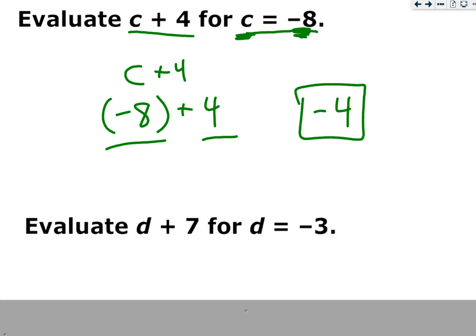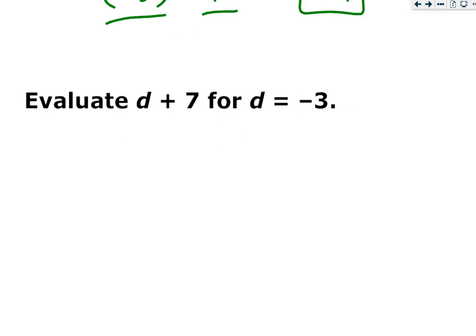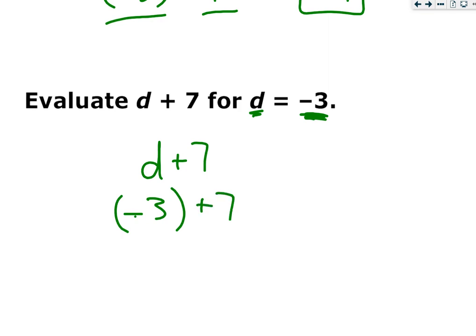One more problem just like that for practice would be evaluate d plus 7. Again, rewrite the expression, d plus 7. Substitute the negative 3 in for your d variable. So we have different signs again. One is negative and one is positive, ignoring the sign in the middle.